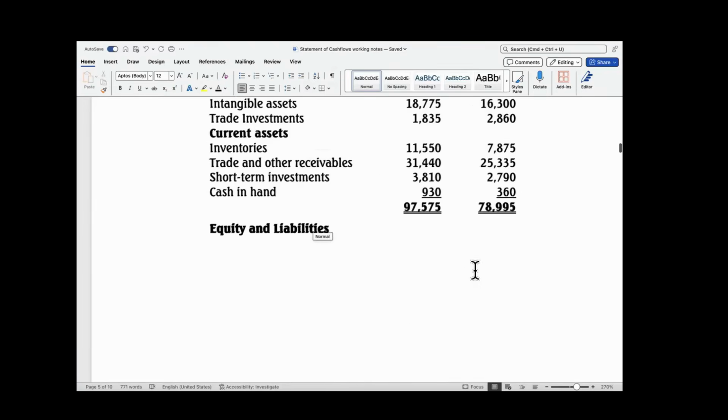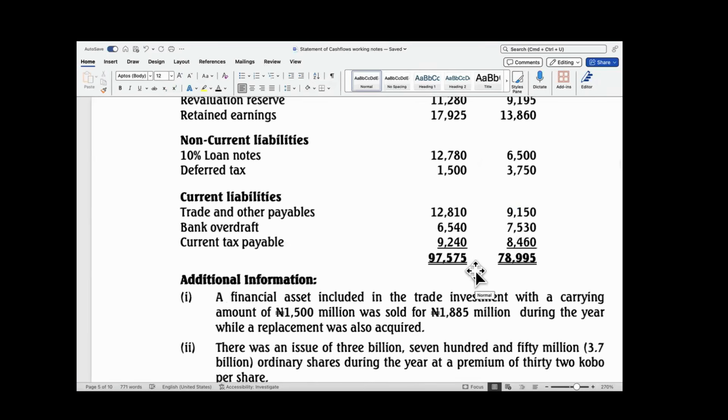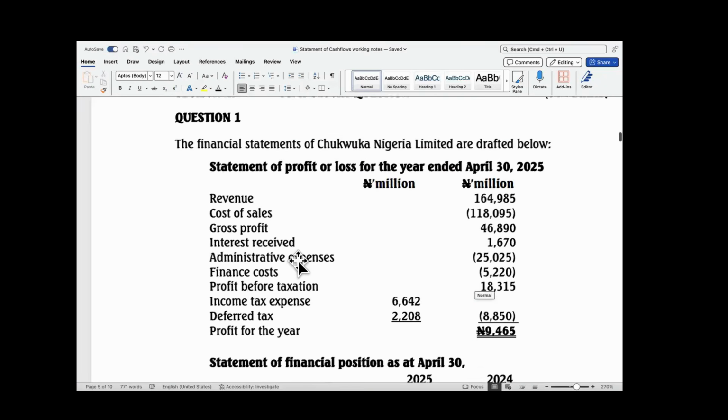And I know that because when I go and check my liabilities, I can't see any interest payable. Usually I will find it in current liabilities. That shows that this finance cost has been paid fully, right? So I can decide to leave it, no, but don't leave it. We want to see it as a separate line item.